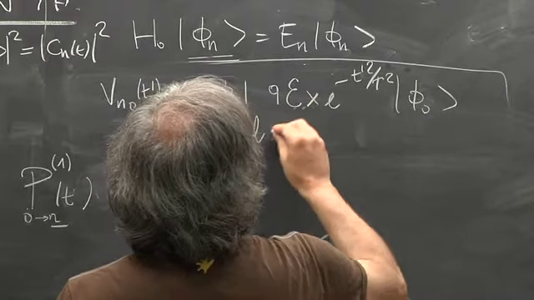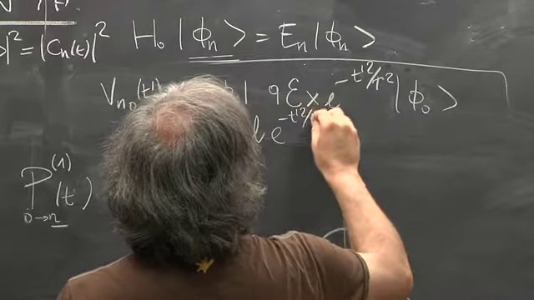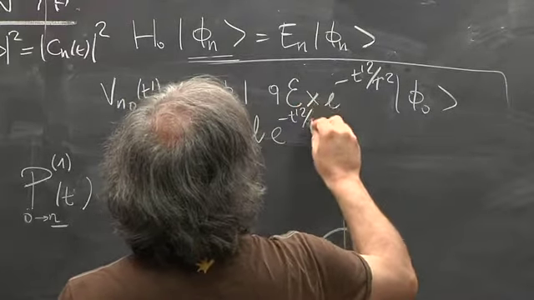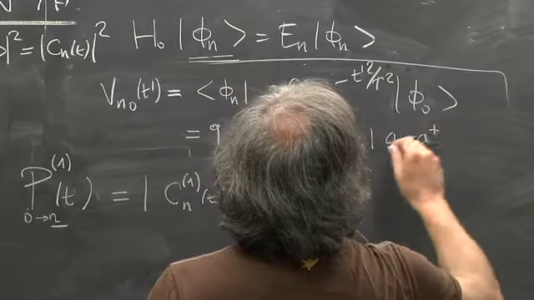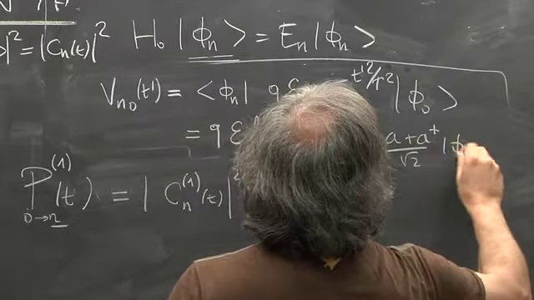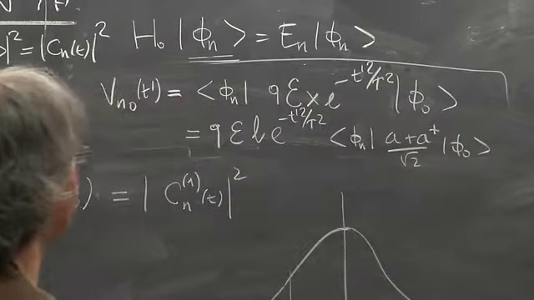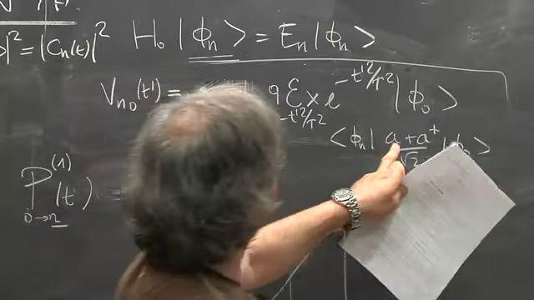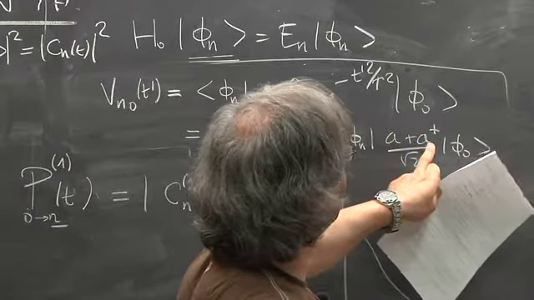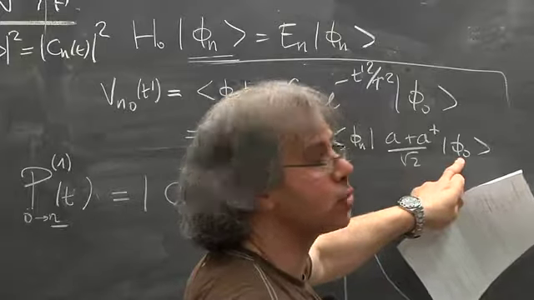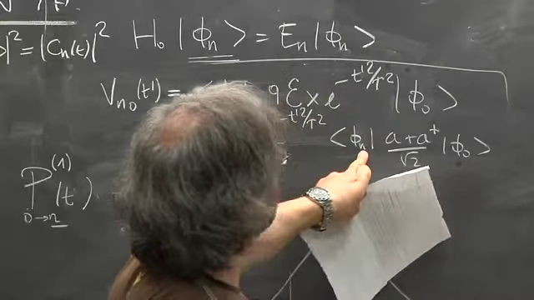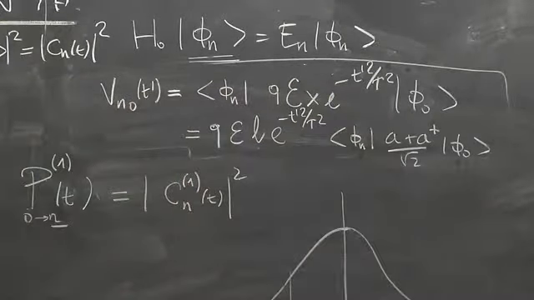So the time, really, I can take it out. Okay, then I have phi n, a plus a dagger, over square root of 2. Okay, a very, very simple thing. Now, a gives me no contribution. A dagger, however, gives me a contribution where the only possible n that I can reach is 1.